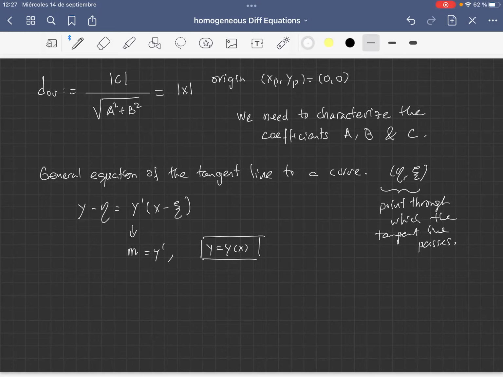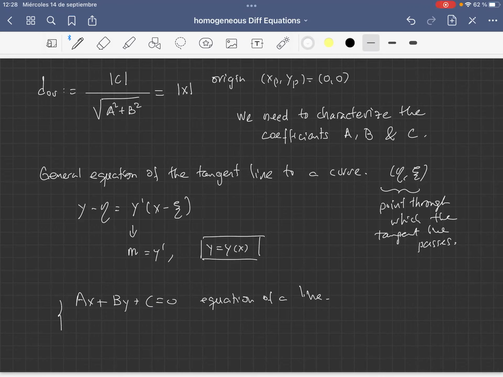So basically, as you can see in the distance, we have the equation of a line in normal form. What we have to do is write the equation of our tangent line in the normal form. How do we do this? It's very easy.